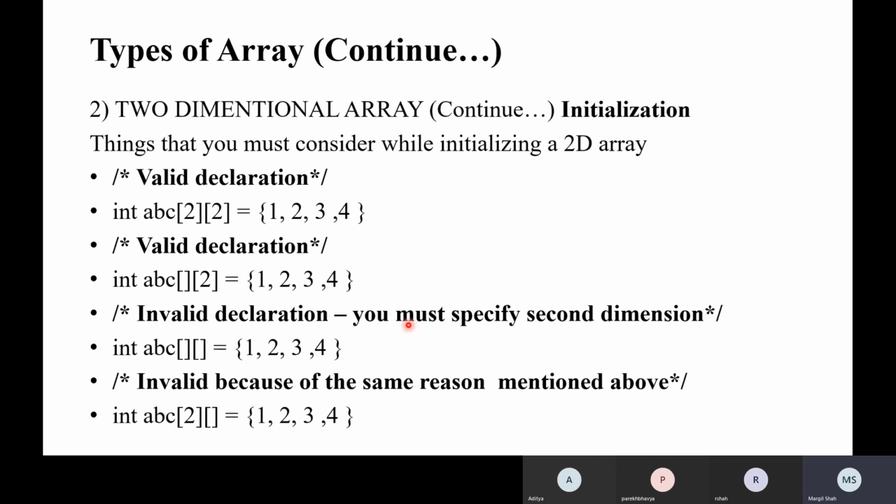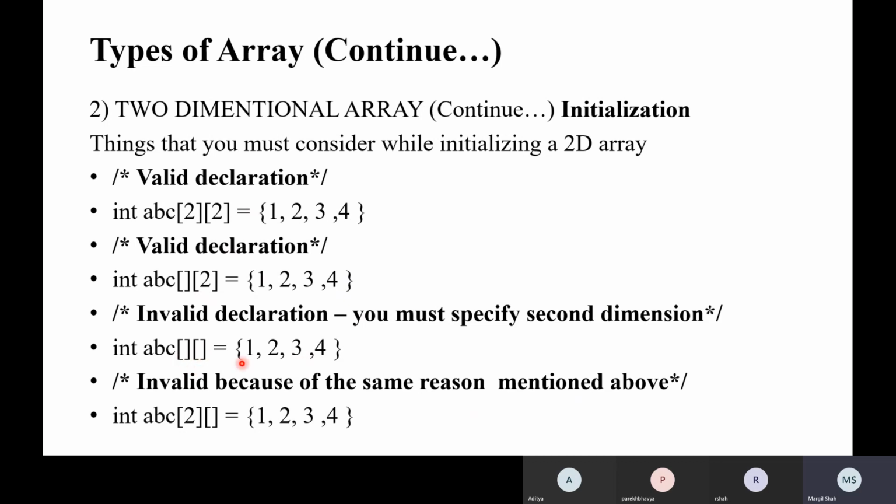In an invalid declaration, you must specify the second dimension. We cannot leave both blank. What is the reason that we need to pass the second dimension at least? The reason is that it may be a single-dimensional array 1 2 3 4, it may be a 1 by 4 array, 1 row and 4 columns, that is also possible.